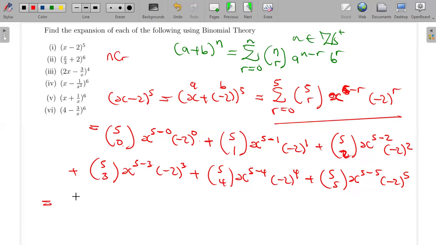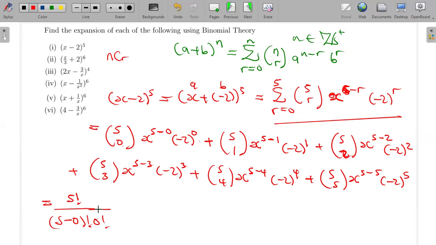Or you can use the formula which we discussed at the beginning. But then we know from what we've learned at the beginning that 5 choose 0 is going to give us 1, because we said n choose 0 is just going to be 1. But if you want to verify with the formula, that would be 5 factorial over 5 minus 0 factorial, then you have 0 factorial.